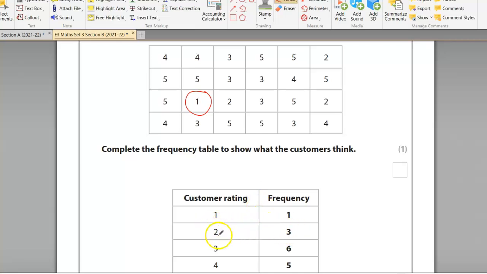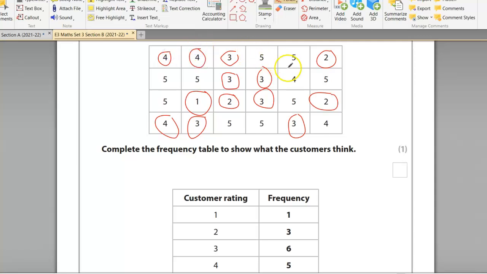The frequency for a rating of 2 is 3, and that's because we can see the rating of 2 has been given 3 times by customers. A rating of 3 was given 6 times, so 1, 2, 3, 4, 5, 6. And a rating of 4 was given 5 times. 1, 2, 3, 4, 5.